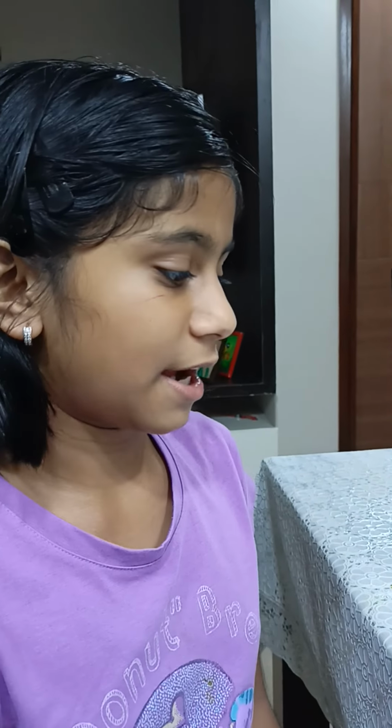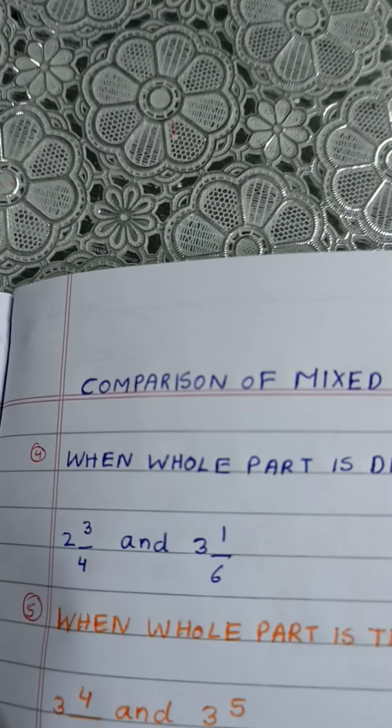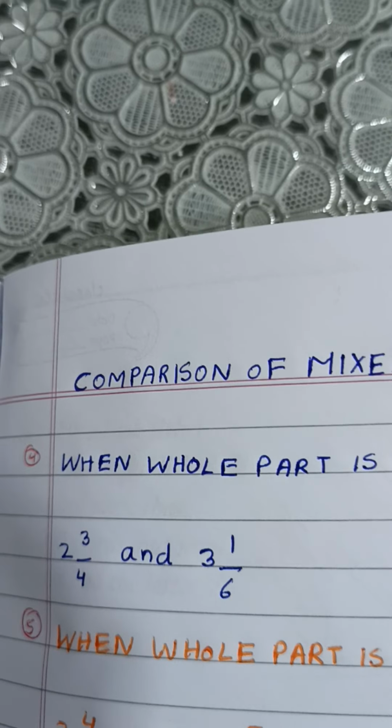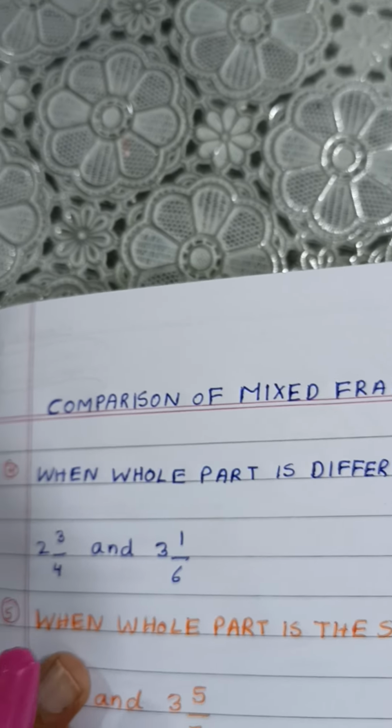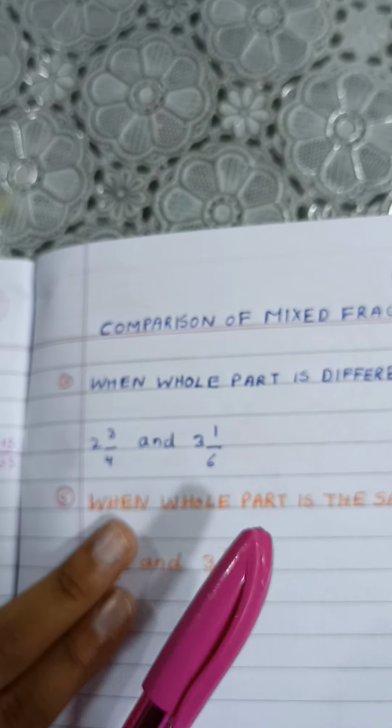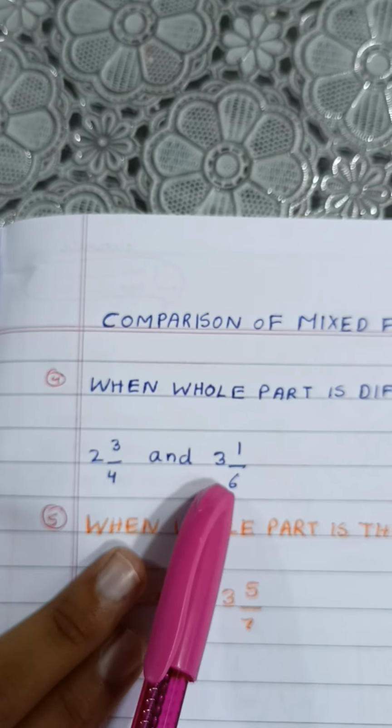Now I'm going to teach you comparison of mixed fractions when the whole part is different. So let's look at this. In this, the whole parts are 2 and 3. So now we don't have to see the fractional part, just the whole parts. That's it. The second whole part is greater than the first.